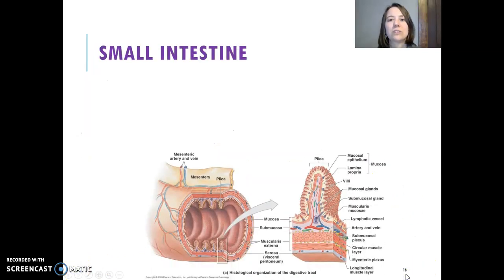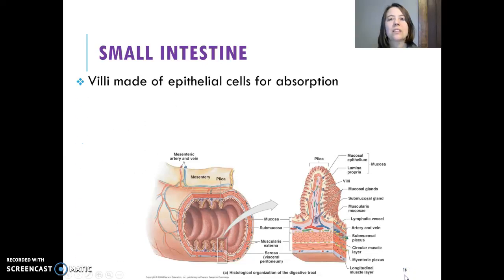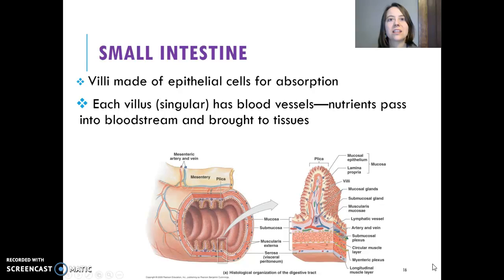Okay, looking at some pictures of the small intestine. The villi are made of what type of tissue? They're made of epithelial cells, which are good for absorption, because that is the name of the game in the small intestine. So each villus, which is singular for villi, has blood vessels where the nutrients pass into the bloodstream and are brought to the tissues.